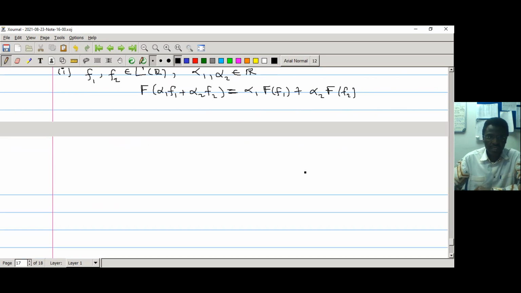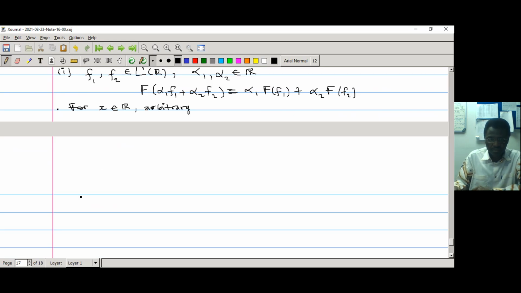So for an arbitrary x, I take it arbitrary, because if it's true for an arbitrary x, it's true for any x. Therefore, we have the result.